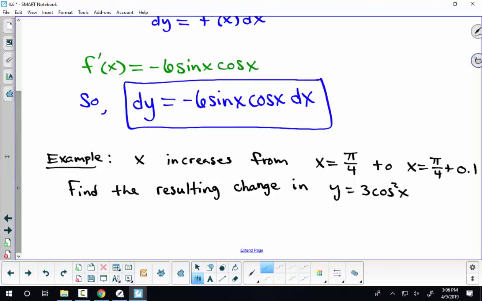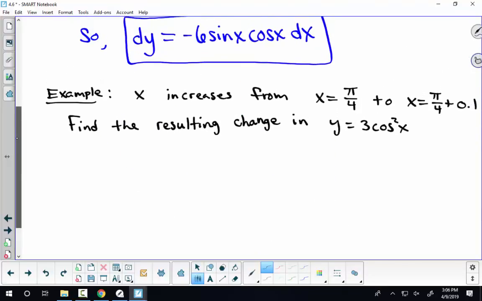So what is the dx that we're going to plug in? Yep, dx is 0.1. Remember, dx just denotes the change in x. X changed from pi over 4 to pi over 4 plus 0.1, so the change was just 0.1.